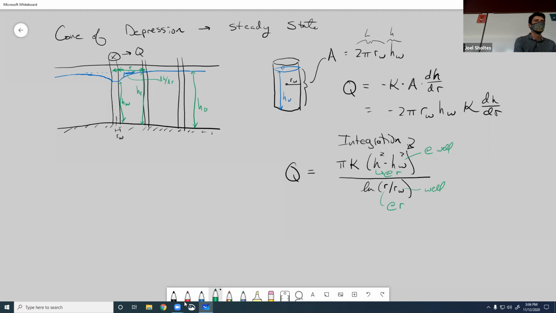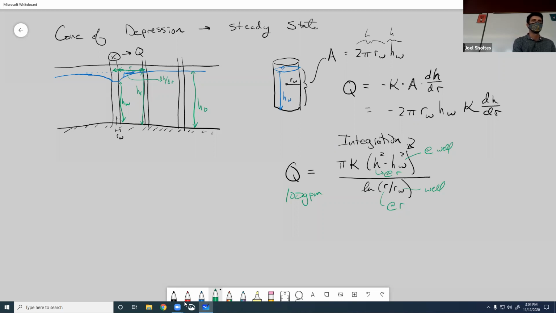Alternatively, you can say, given I'm pumping, say, 100 gallons per minute or something like that, and I have my two observation wells, I could tell you what the H is going to be in this well and what the H is going to be somewhere else at some radial distance away from that well, given this discharge rate, given the pumping rate.